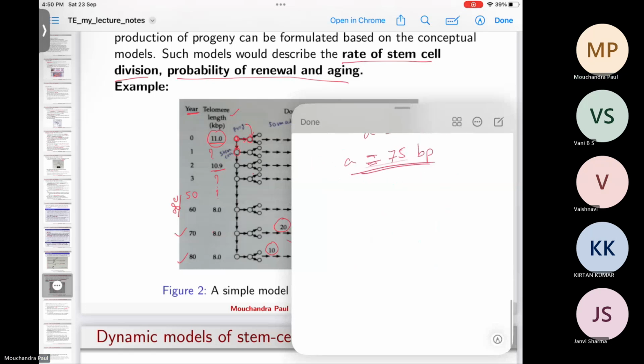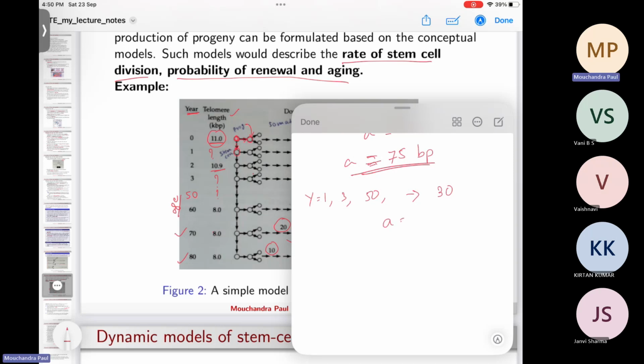Now see that for year 1, 3, 50, the number of cell doublings is what? It is 30 only, correct? And for 30 cell doublings, you know the rate of loss of telomere length is 50 base pair per doubling.